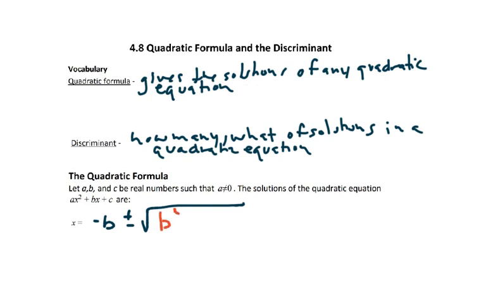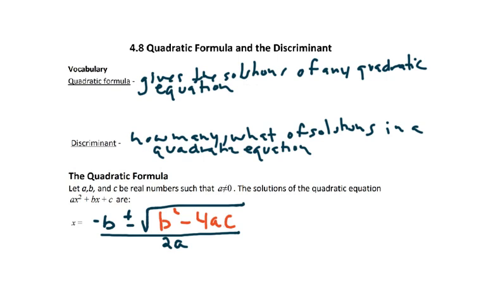It's b squared minus 4 times a times c. That part of the quadratic formula is the discriminant. So again, it's b squared minus 4ac, all over 2a. And that is the quadratic formula.